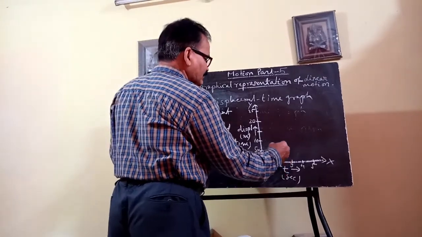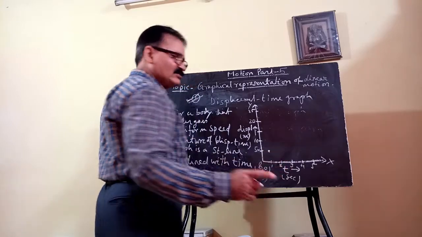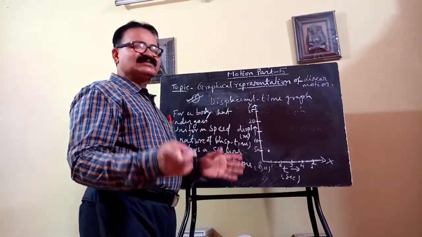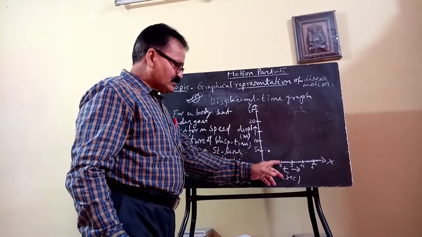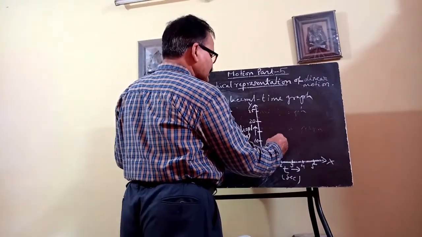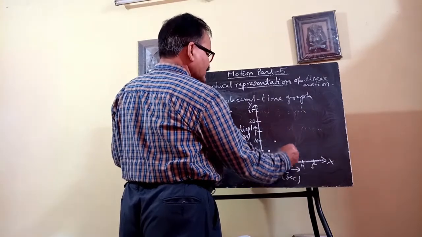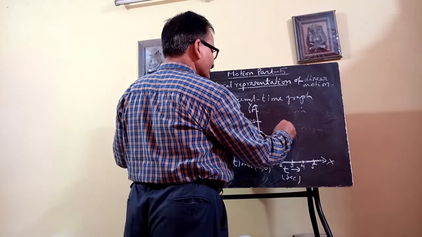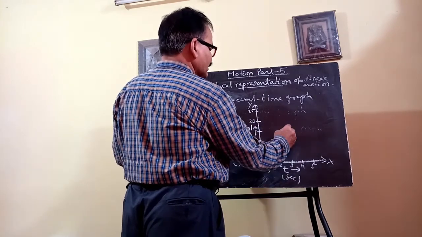In 2 seconds, if the body undergoes uniform speed, that means the body will travel equal distance in equal intervals of time. So in the next second again it will cover 5 more meter, making 10 meter. In the third second it will be 15 meter.